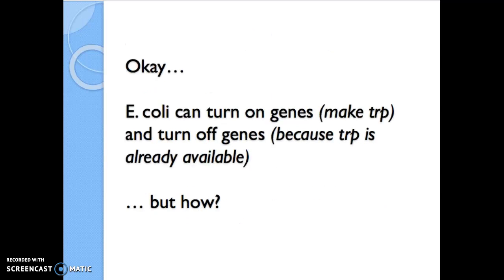Okay, so if E. coli can turn on genes to make the tryptophan, and they can turn off genes because tryptophan is already available, how do they do that? They cannot simply recognize that there is tryptophan present or there isn't tryptophan present using a nervous system. So how do they do this? That's where we get into gene regulation and something called operons.